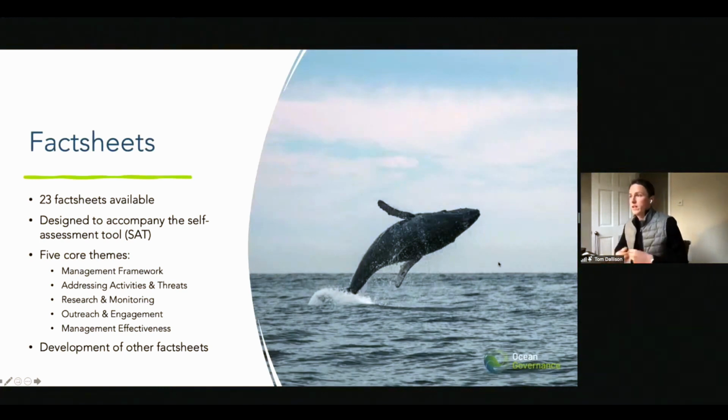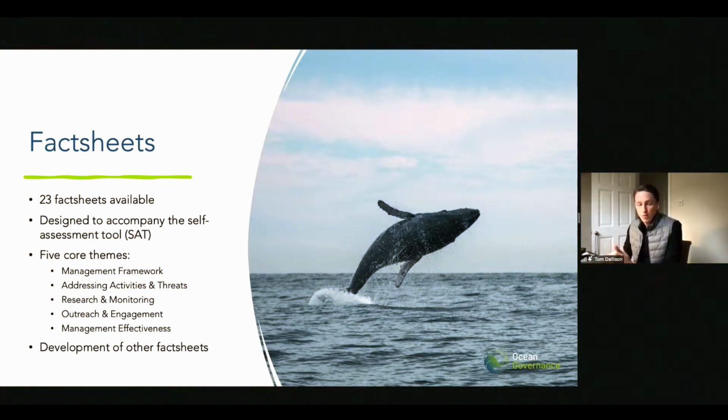Firstly, the toolkit is mainly composed of three components, and one of those components is the fact sheets. We've designed the fact sheets to provide MPA managers, policymakers, and anybody interested in the conservation of marine mammals with useful information, resources, and links to other actions and activities that are ongoing in regard to the conservation of marine mammals.